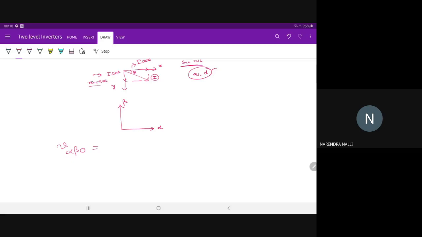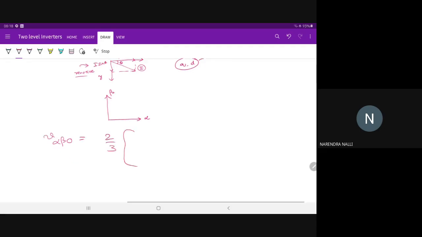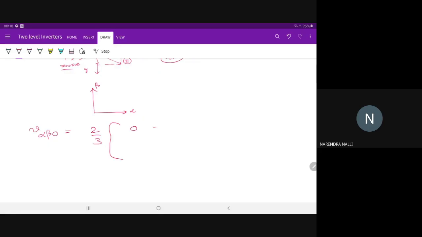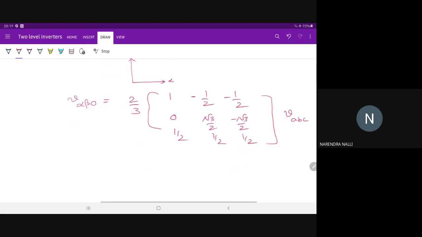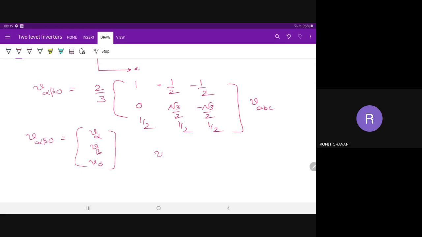We have some constant times a matrix: 1, minus 1 by 2, minus 1 by 2; 0, root 3 by 2, minus root 3 by 2; and 1 by 2, 1 by 2, 1 by 2, multiplied by VA, VB, VC. So V alpha beta 0 is a matrix of V alpha, V beta and V0, and VABC is a matrix of VA, VB and VC. Clear?